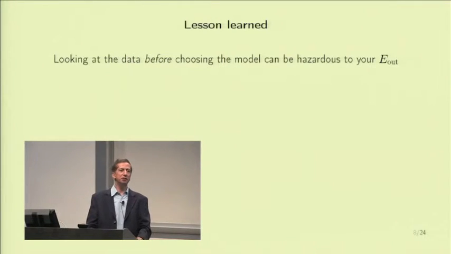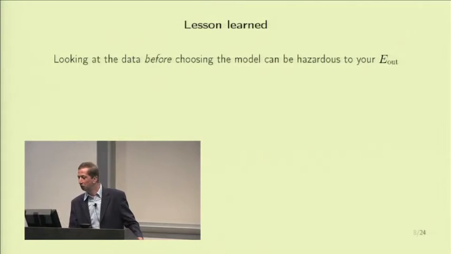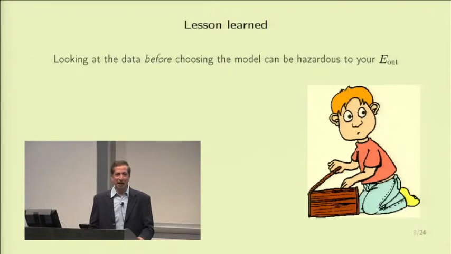And this is a manifestation of basically snooping. You snooped into the data. You looked at it in a way that is not allowed, okay? And when you do this, bad things happen. And the formal term for it in machine learning is called data snooping, okay? And we will dedicate 1/3 of a lecture just describing data snooping.